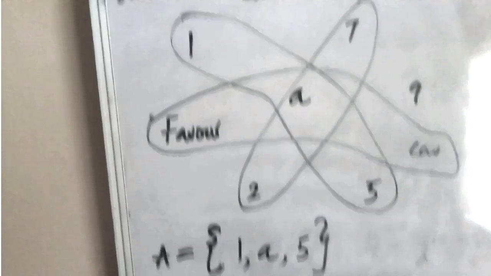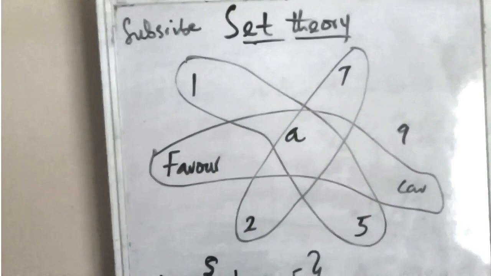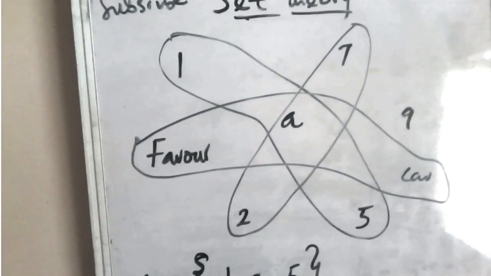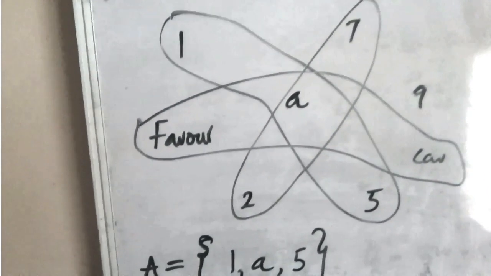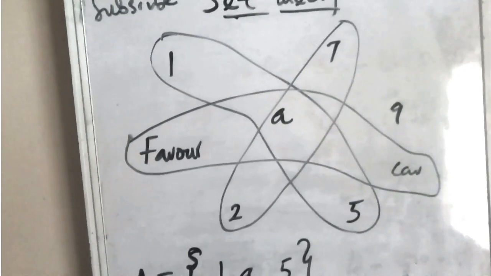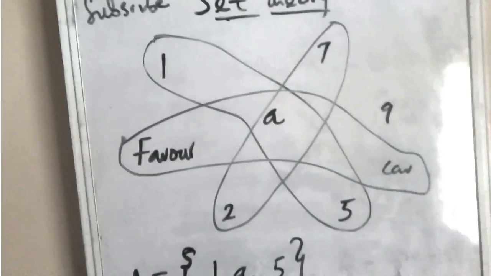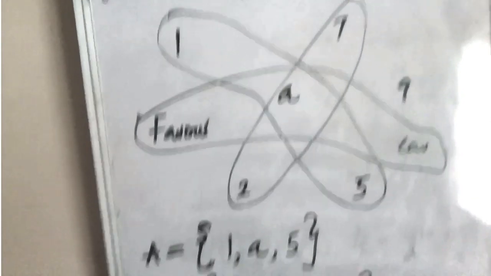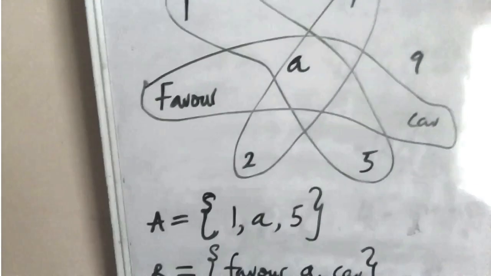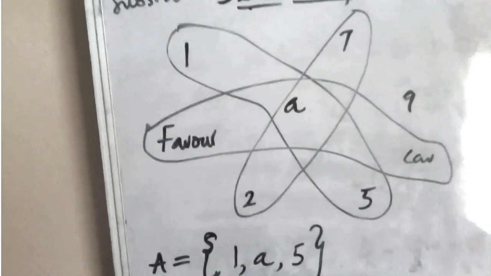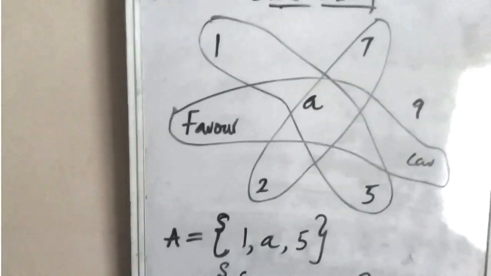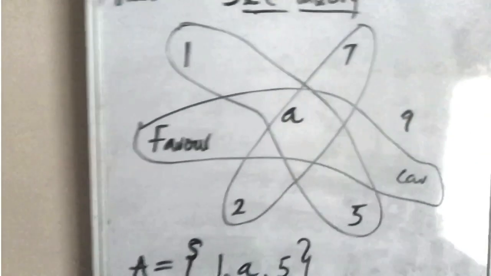So we can define a set in mathematics as a collection of well-defined objects. The objects here can be numbers, can be alphabets, can be things, can be anything whatsoever. When they are collected together and placed within a curly bracket, they are known as a set.